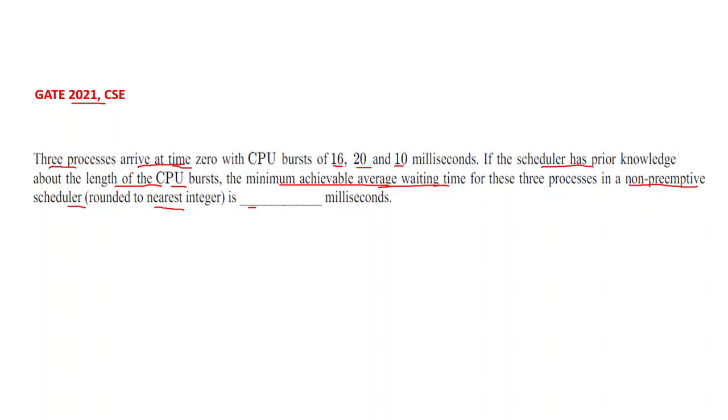Now, what is meant by non-preemptive scheduler? There are two types of scheduling. One is preemptive scheduling and one is non-preemptive scheduling. In non-preemptive scheduling, as we have seen just now, whenever a process is executing, it will keep on executing until its completion.